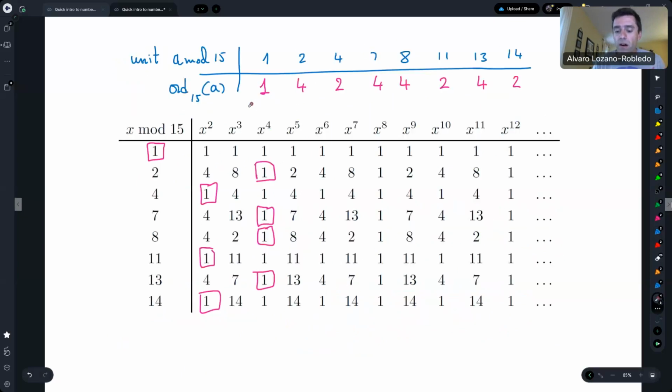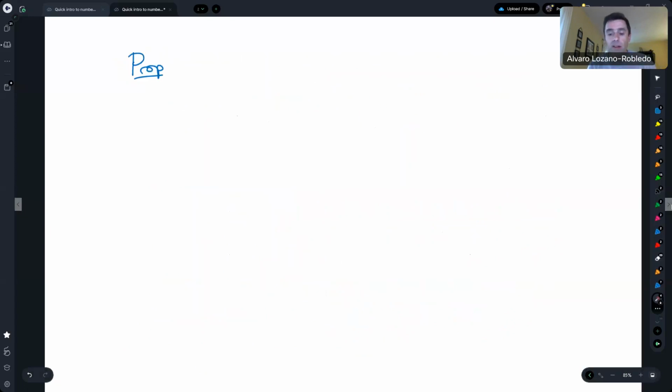And here, there are 8 units, and the numbers that I get are 1, 2, and 4. I get divisors of 4, but I do not get an 8. There's no cycle of order 3, for example.